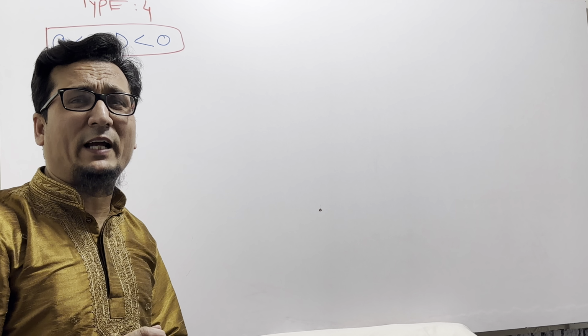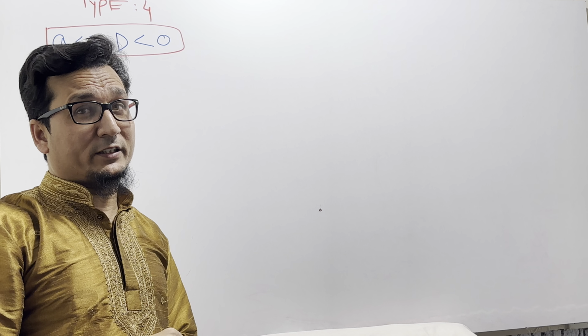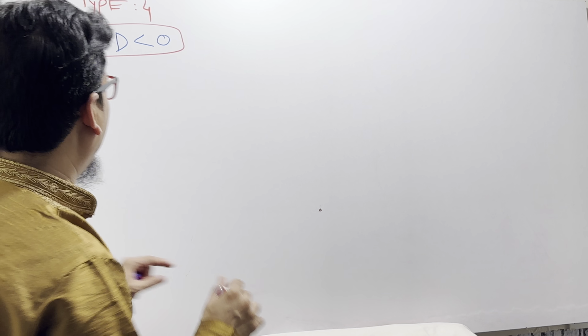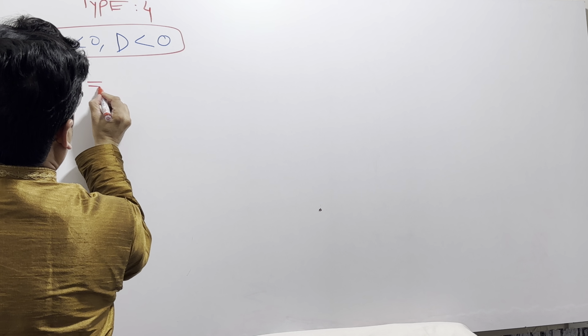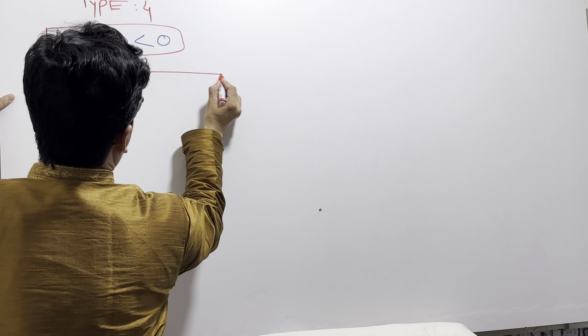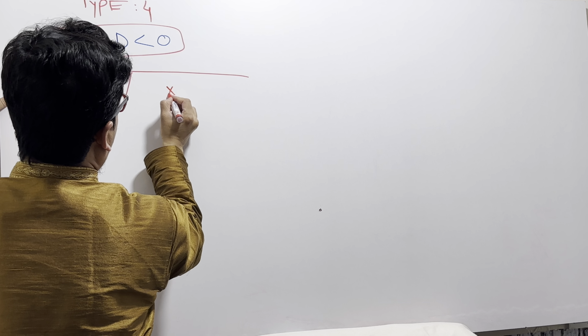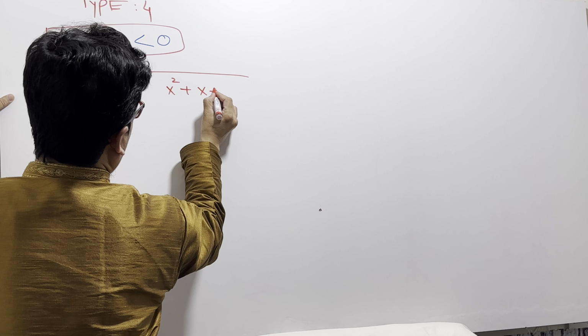The same question I will take, whatever question I took in my previous lecture, but I will change it and write it in this format. For example, y is equal to, in type 3 the question was x square plus x plus 1.